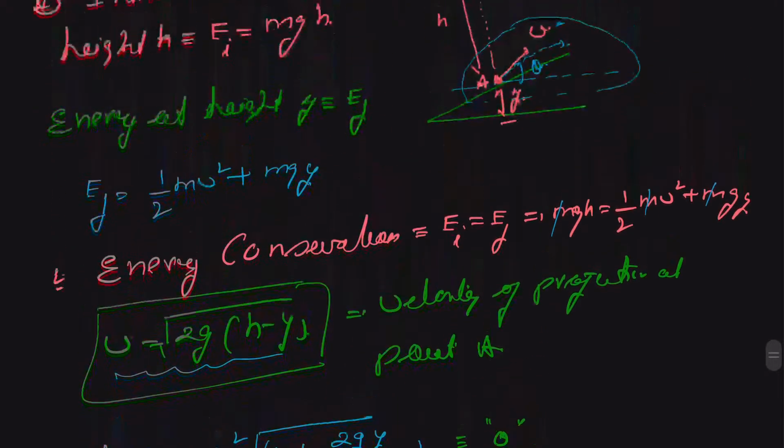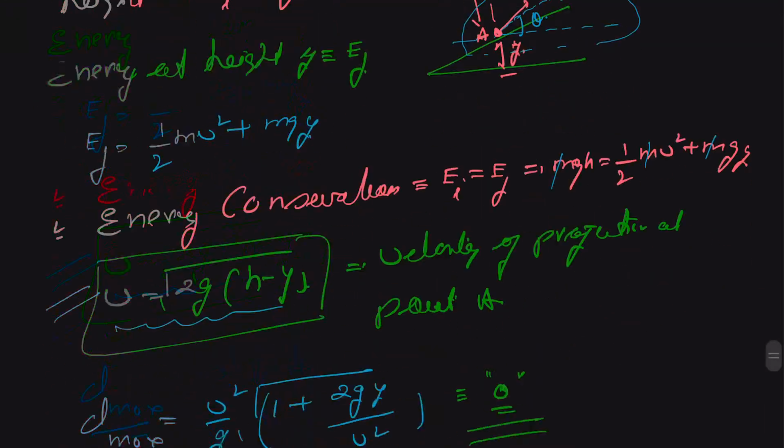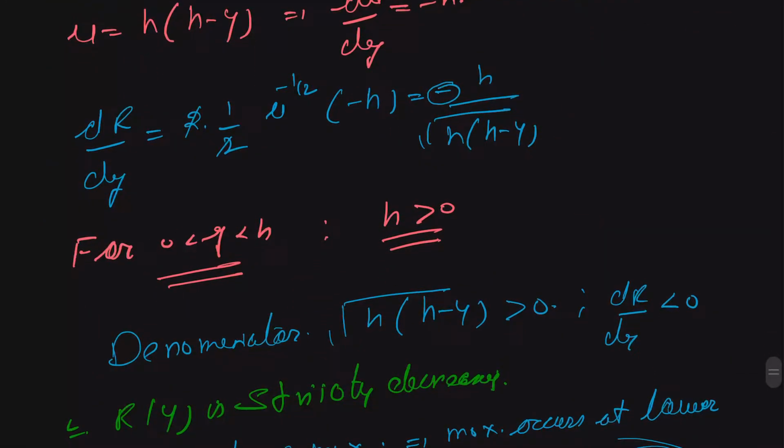But for this particular question, the ball is dropped from a height h to point A, and we found out the value of v by using conservation of energy, and then we solved it for our maximum value.